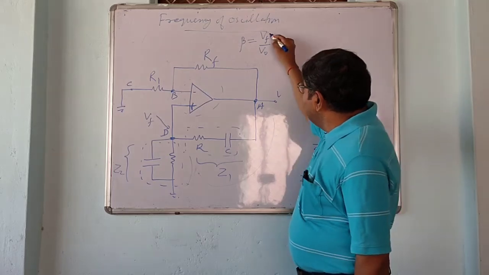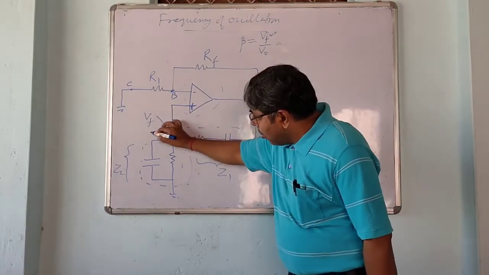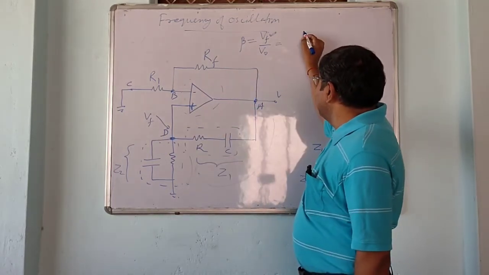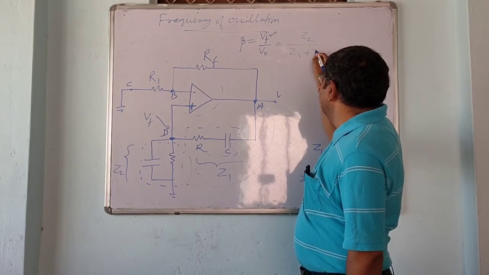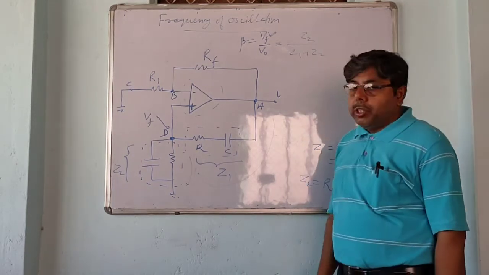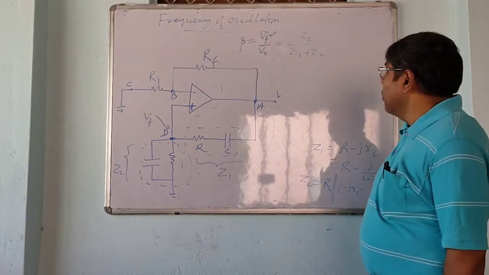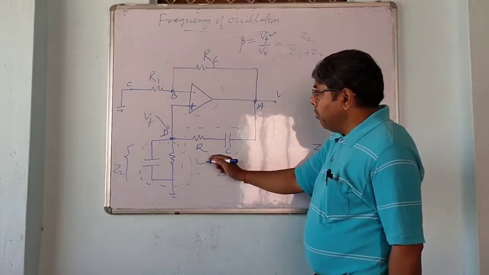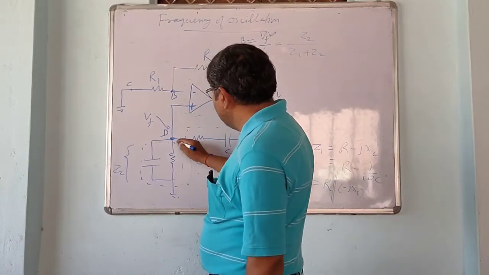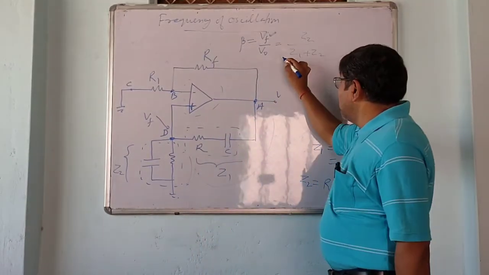And this is the drop only across this. So you can write here, this is Z2 upon Z1 plus Z2 by using potential divider. So this is the voltage drop across Z2, meaning the parallel combination of this, and V0 is the total drop.